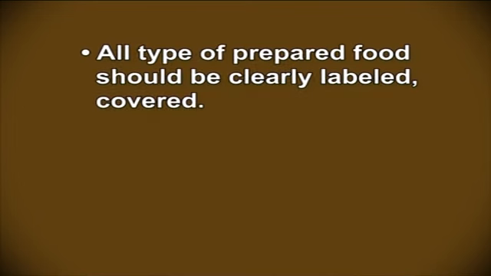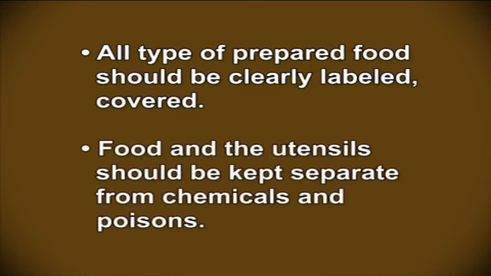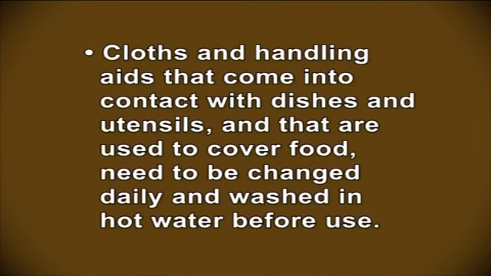All types of prepared food should be clearly labeled and covered. Food and the utensils should be kept separate from chemicals and poisons. The cloths and handling aids that come in contact with dishes and utensils and that are used to cover the food need to be changed daily and washed in hot water before use.